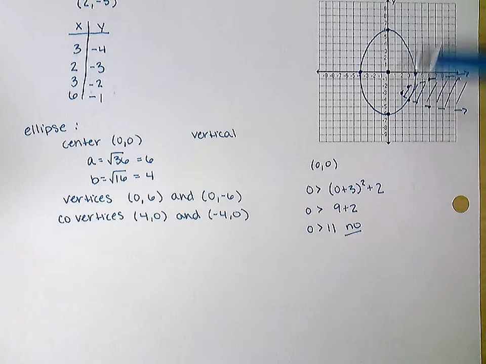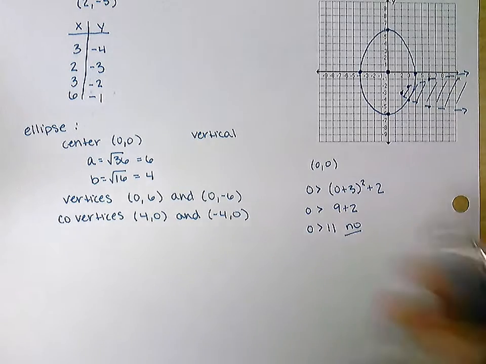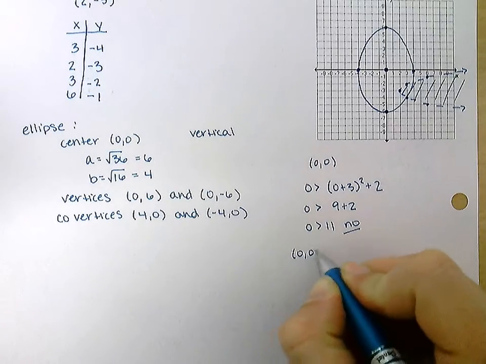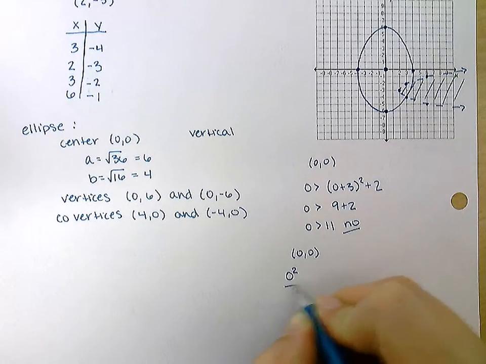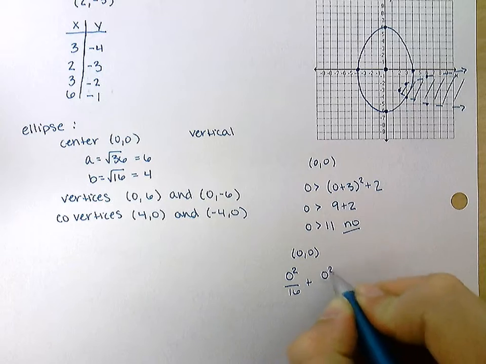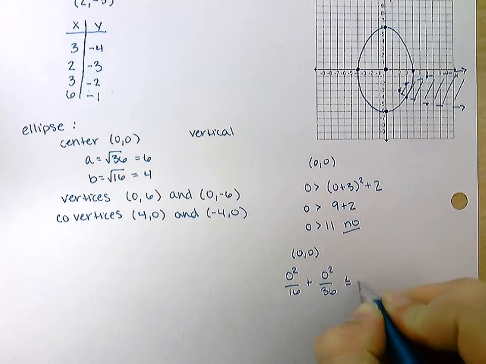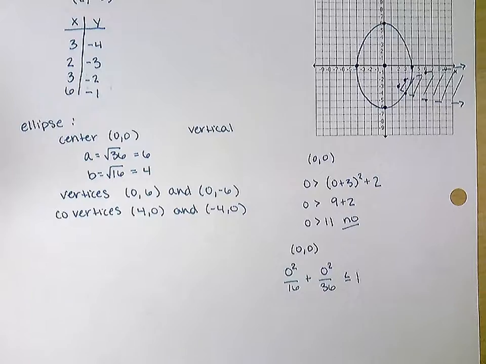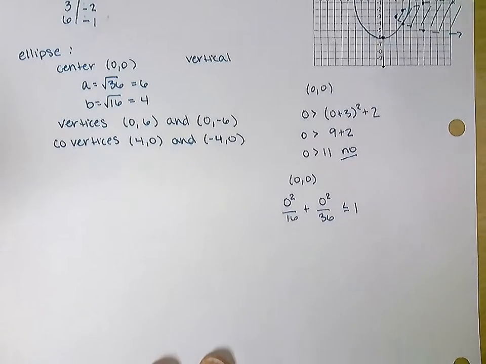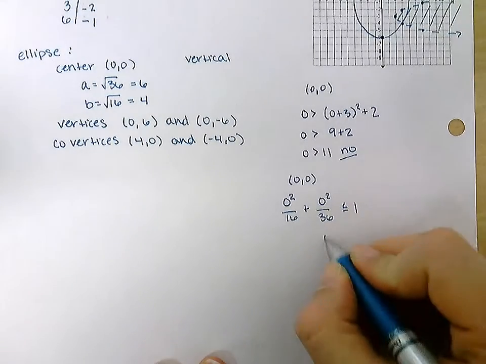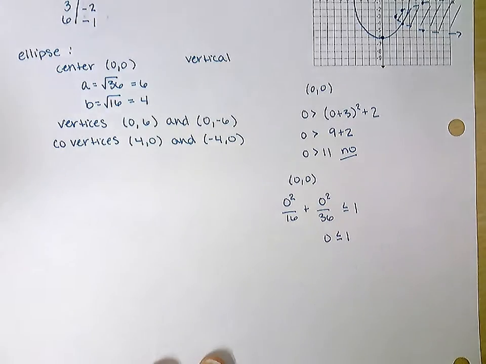We want to do the same thing for the ellipse. So again, plug in (0, 0). So we have 0 squared over 16 plus 0 squared over 36 is less than or equal to 1. Okay, I end up with 0 is less than or equal to 1 there again.